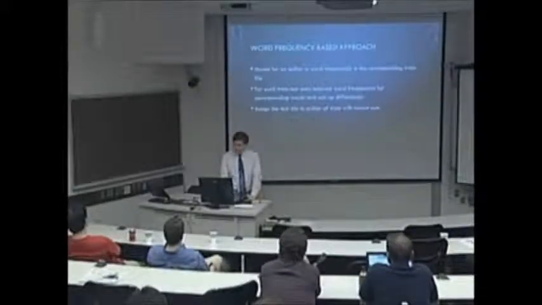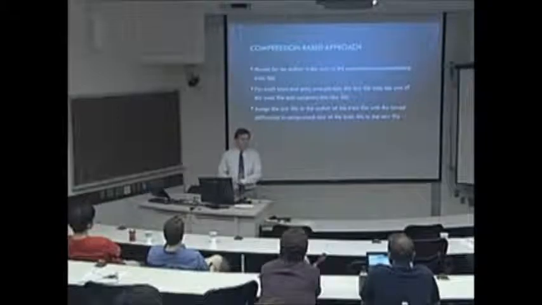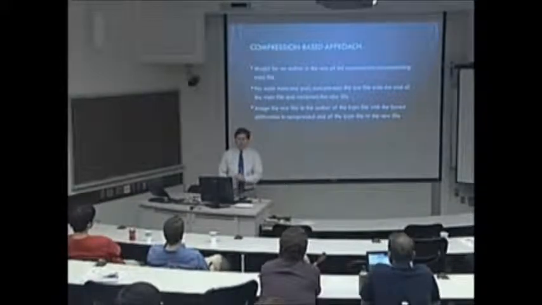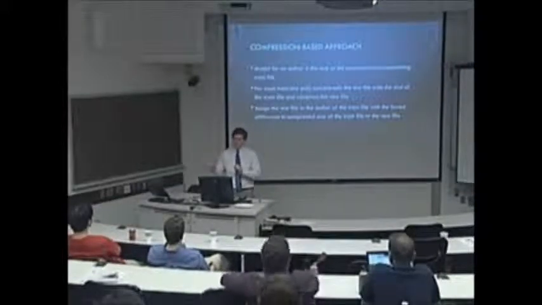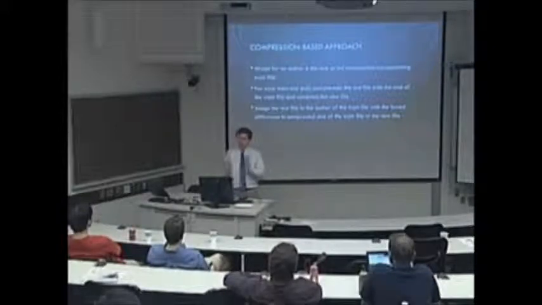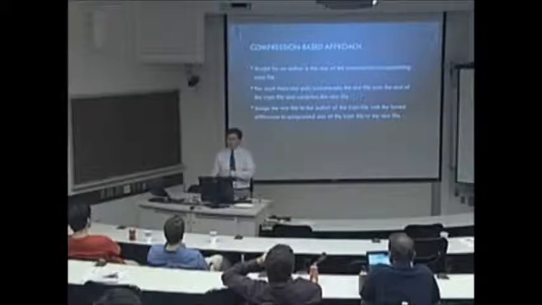But there are slightly more complicated ways where basically you can just compress the files and compare the compression rates. So the way this is done is you compress each of your train files, one per author, and then you concatenate the test file in question to each of those train files and compress each of those new files that you just created.